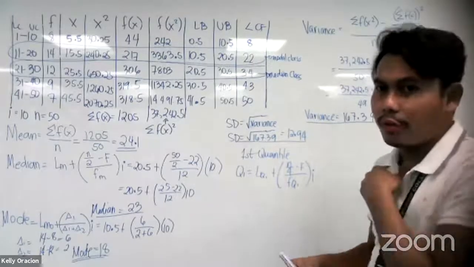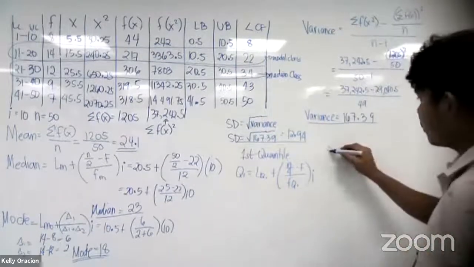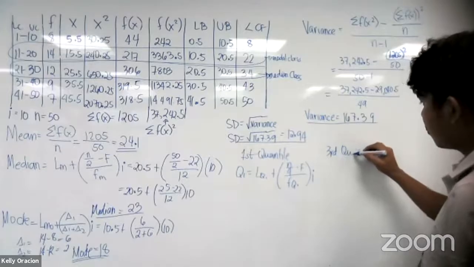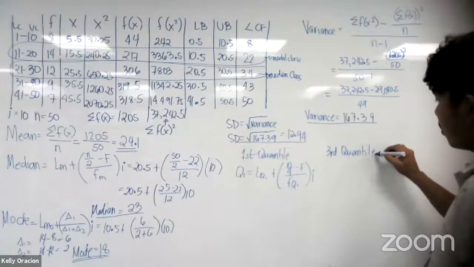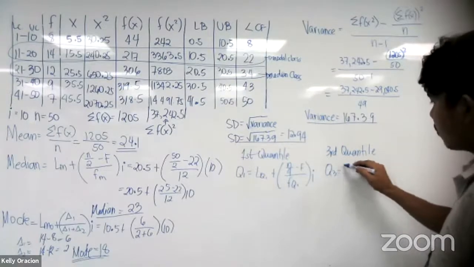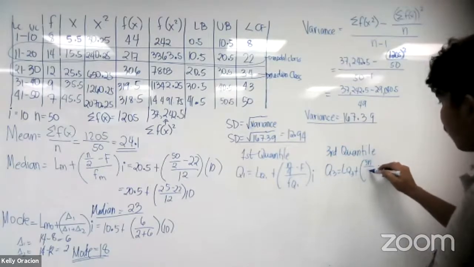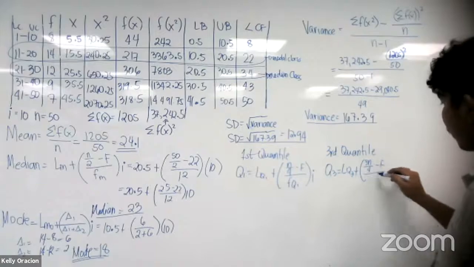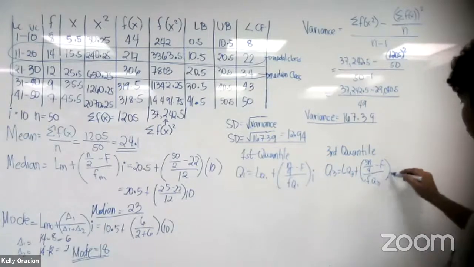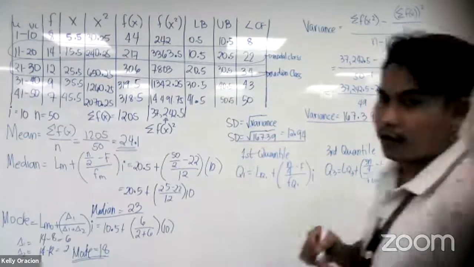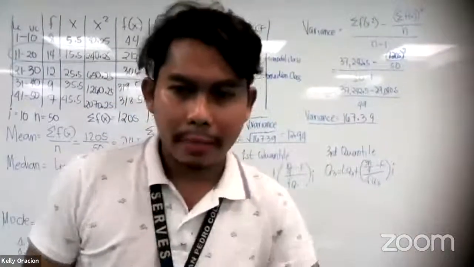That's the formula. And to find the third quantile, the formula Q3 is equal to LQ3 plus 3N over 4 minus F over FQ3 times the interval. That's the formula.